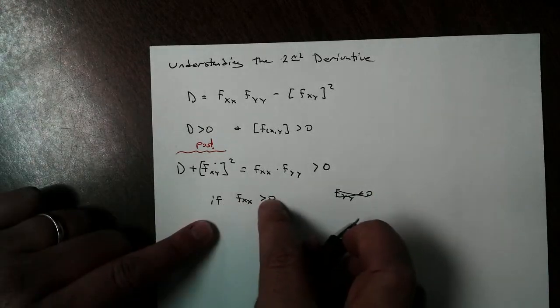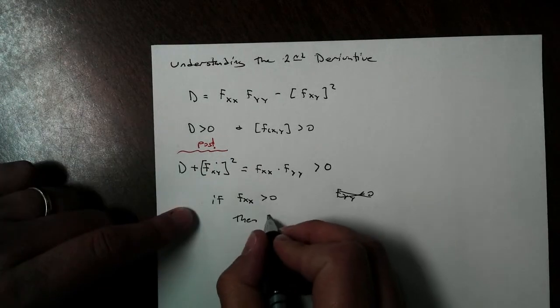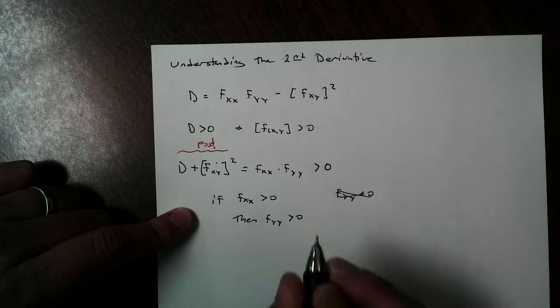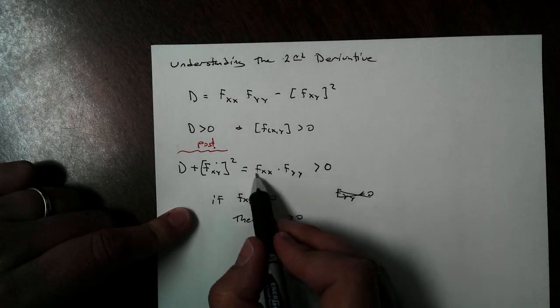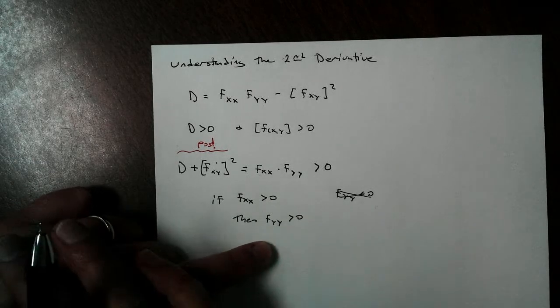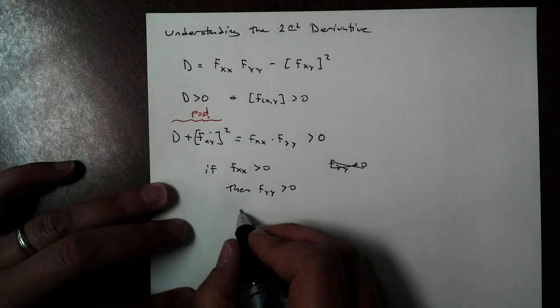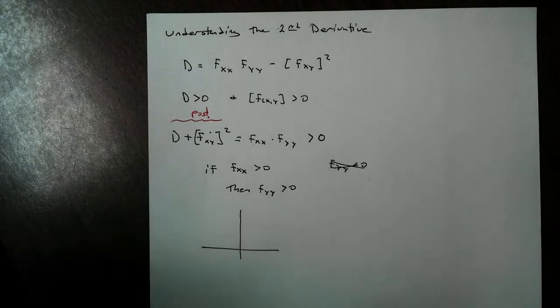So the only way that's still going to be true is if both are positive. So if my second partial with respect to x is positive, then my second partial with respect to y also has to be positive. Well, let's think about what that means graphically at our critical point.